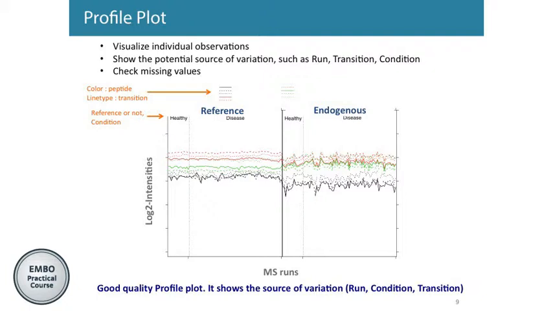For example, here the red peptide has three different transitions, and you can see this peptide is a little bit higher than the black peptide, and the black peptide has a little bit more variation than the red peptide, and so on.